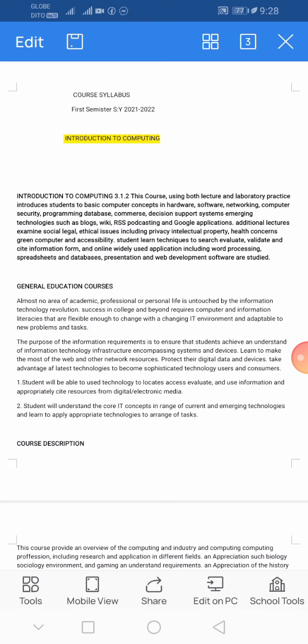Additional lectures examine social, legal, ethical issues including privacy, intellectual property, health concerns, green computing, and accessibility.